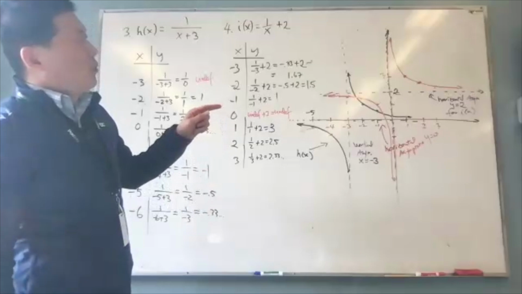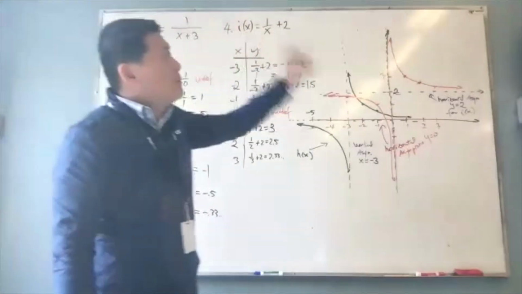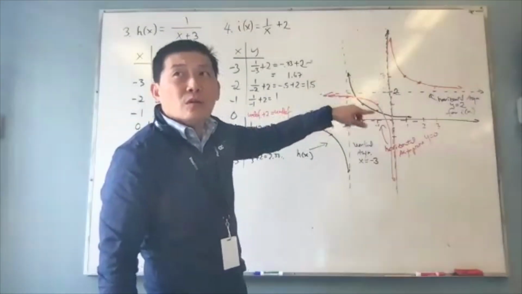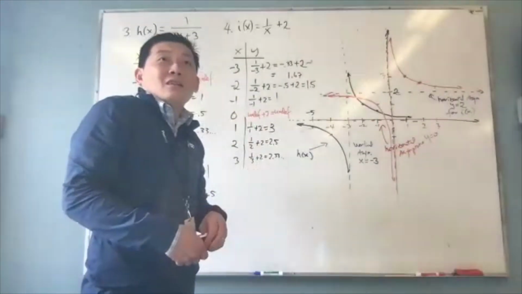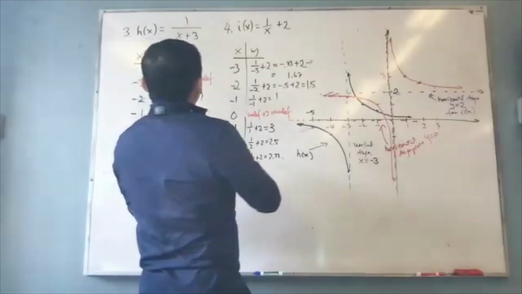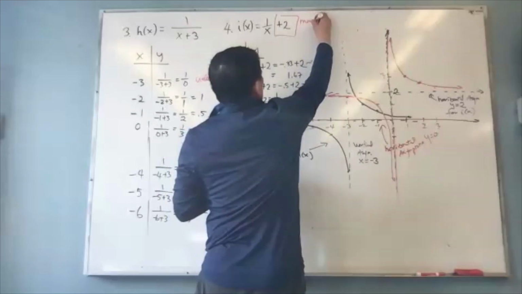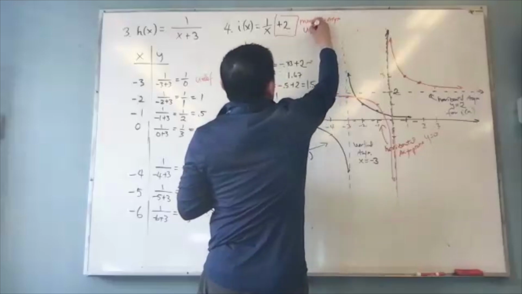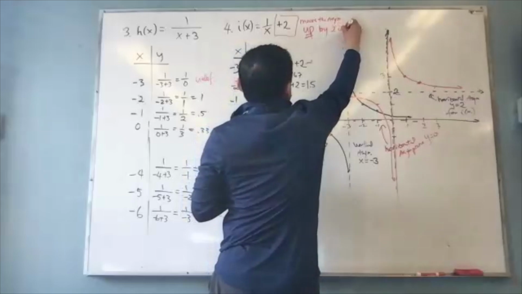So what about this function makes the horizontal asymptote move 2 units? Pretty obvious, huh? That's it. Plus 2. This plus 2 right here moves the asymptote up by 2 units.